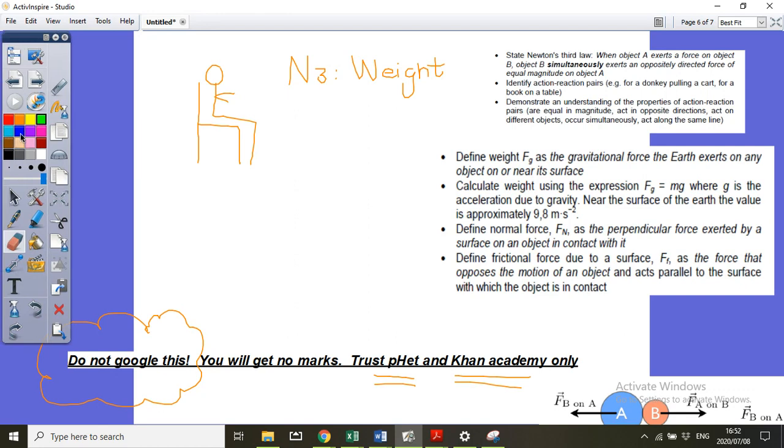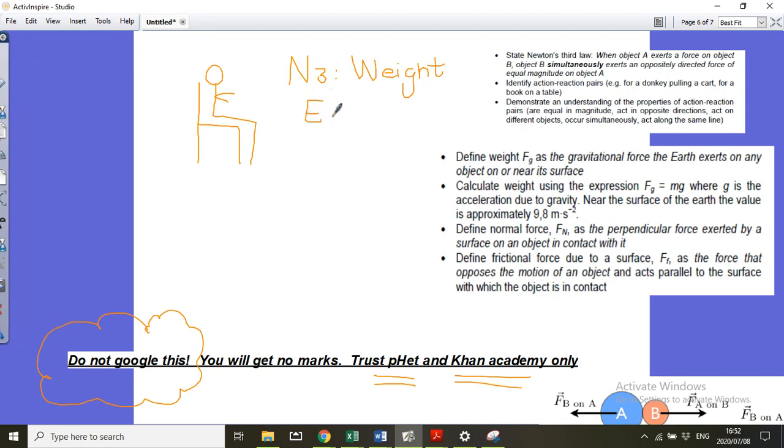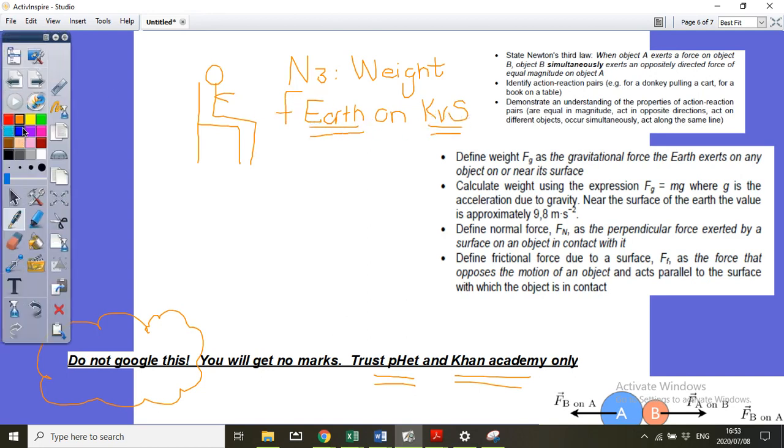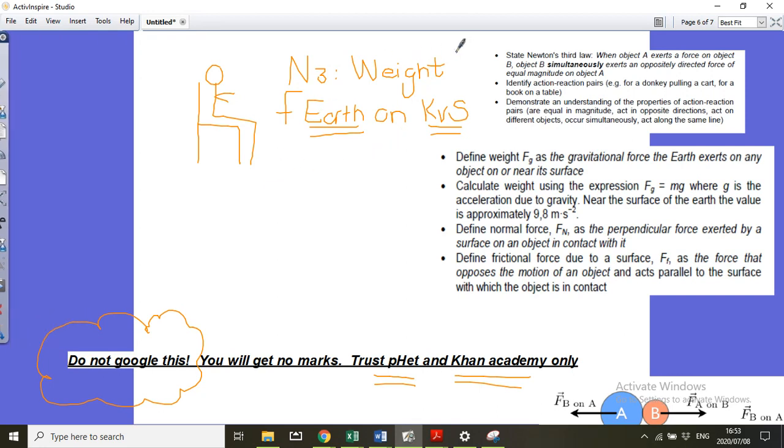So if we look at the weight in my scenario here, it means the weight is the Earth on me. So this is the actual force. It's the force of the Earth on me. Now, if I need to know what the Newton 3 pair is, because the question says, what is the Newton 3 pair of the weight?